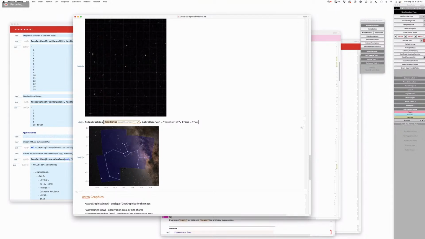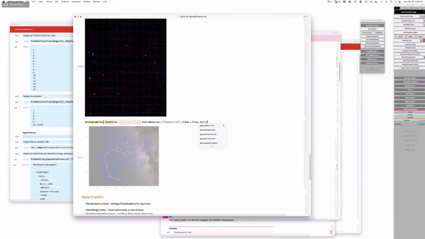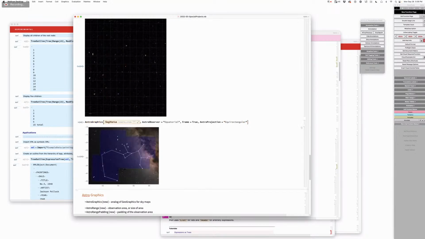So I don't understand why there aren't absolute coordinates here. Oh, yes, change the projection. Use a projection like equirectangular. This is a projection effect. Yeah, now you have the coordinates.